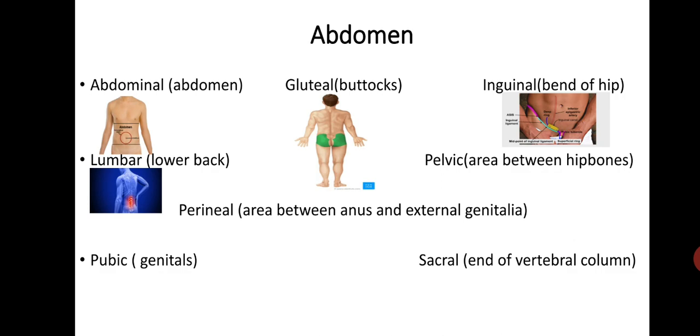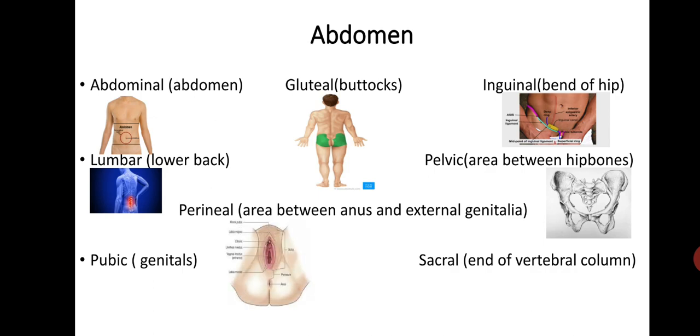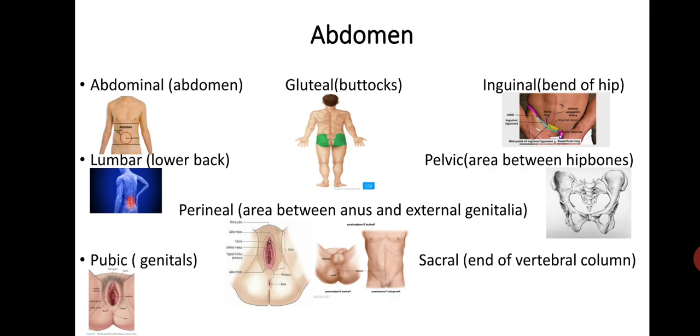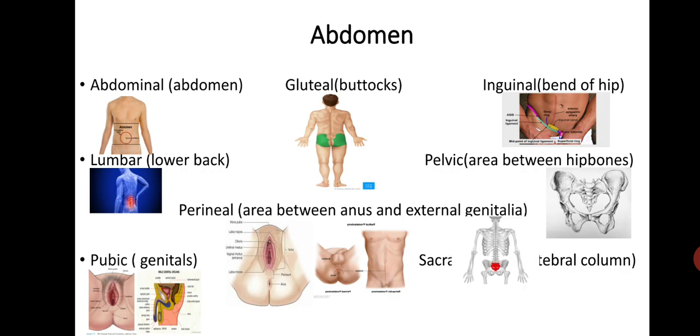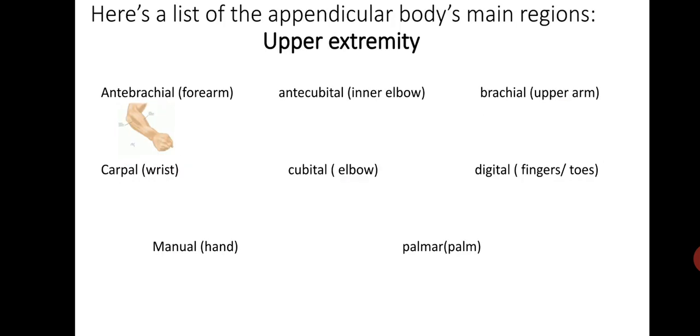Pelvis, the area between the hip bones, is protected by the bones of the pelvic girdle. In that comes the perineal, the area between the anus and external genitalia, both male and female. Pubic, which is for both male and female, which we call the genitals. Sacral, the end of the vertebral column.